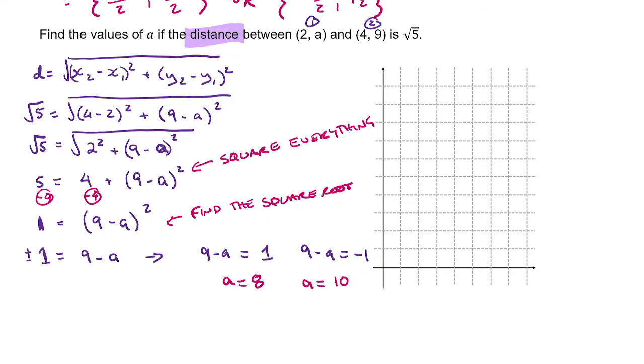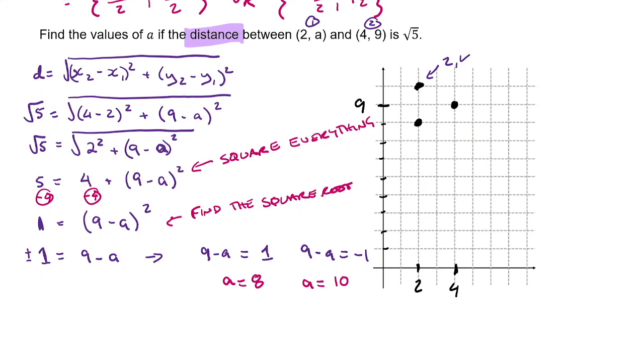So if I was to plot this, say I have my 4. Alright, and then there's my point. Then my 2 potential points for this. There's going to be my 2. There's my 9 on the y-axis. I'm going to have either 2, 8, which is right here, or 2, 10, which is there.